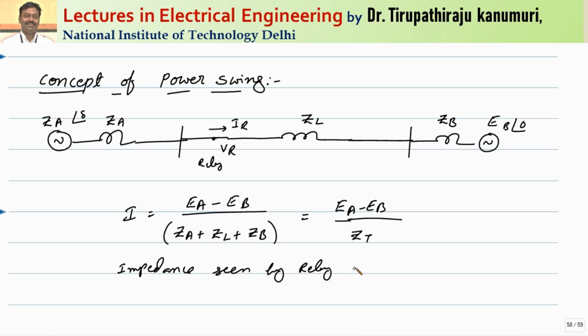Now I can tell the impedance seen by the relay. Z is equal to V divided by I. You agree with me? This is the voltage at the relay location divided by the current. The voltage at the relay location will be the voltage at point A, so please change it as EA.